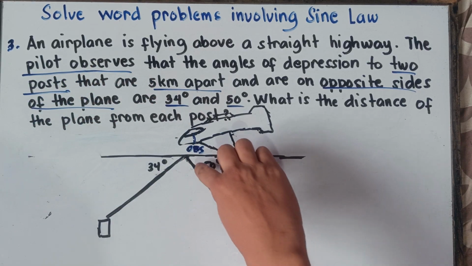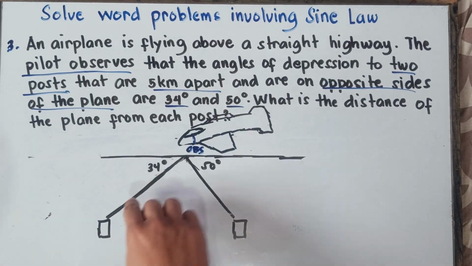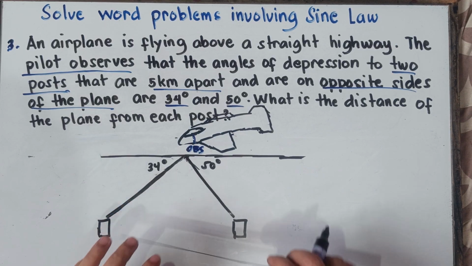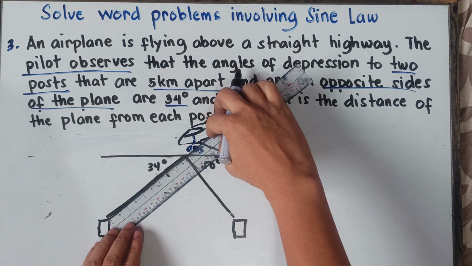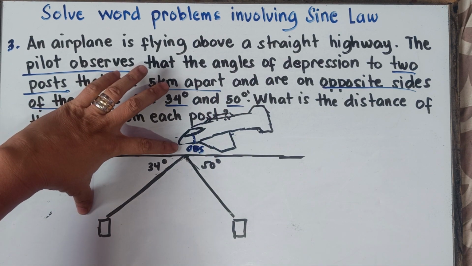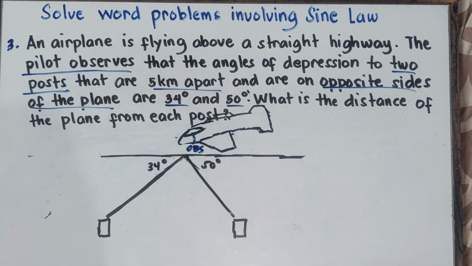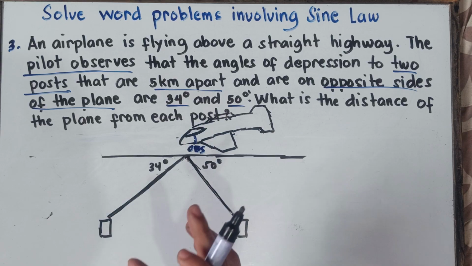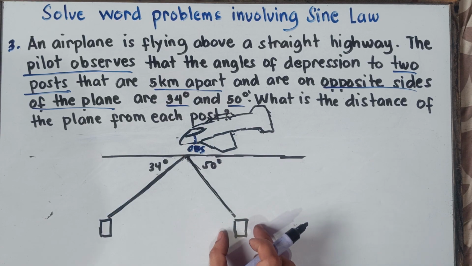I'm sure this length will be less than this length, right? Even if we use a ruler, this is 3.5 and this one right here is almost 5. So therefore, we know that this one is greater than this one, right? Because the opening of 50 degrees is like this. So we already have the idea that the second post is near the observer.